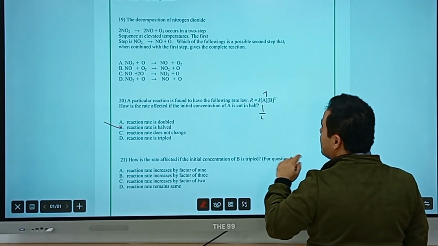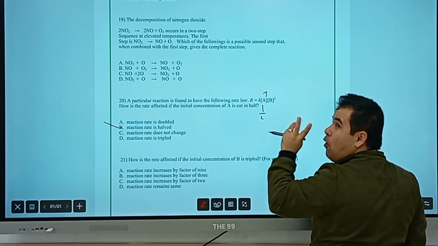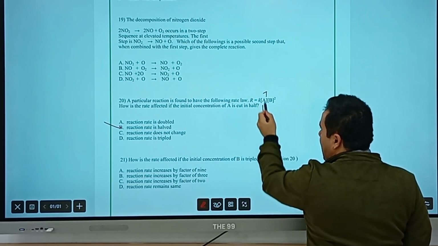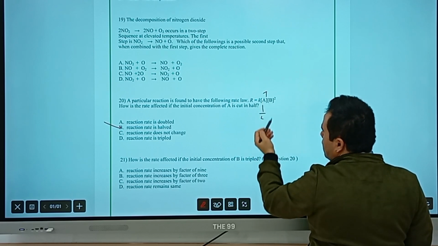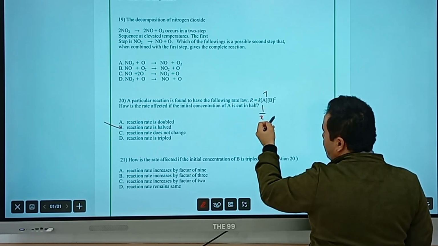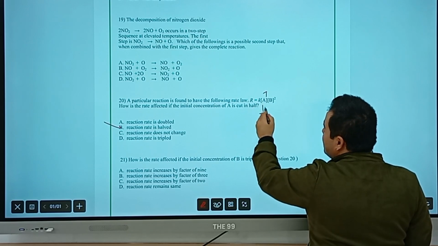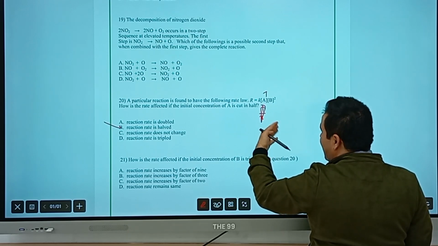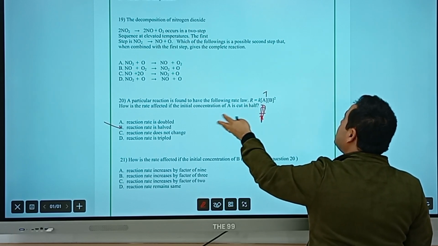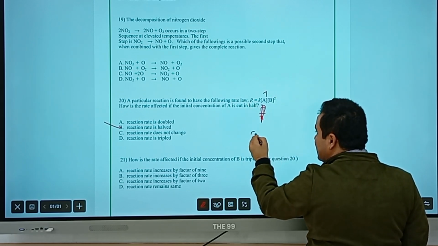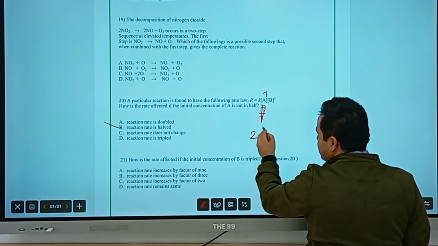If it says cutting both in half, let me solve for that. Let me just write another factor to make it easier: doubling both. Doubling A will double the rate.